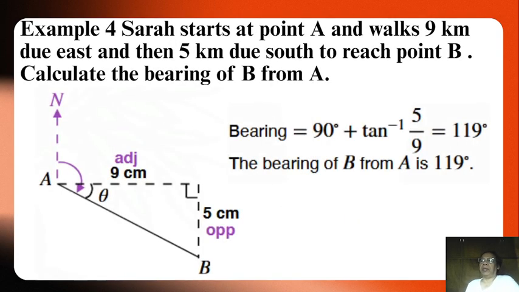Example number 4. Sarah starts at point A and walks 9 kilometers due east, then 5 kilometers due south to reach point B. Calculate the bearing of B from A. So take note that our starting point is A. So from A, we need to draw a north line with an arrow.